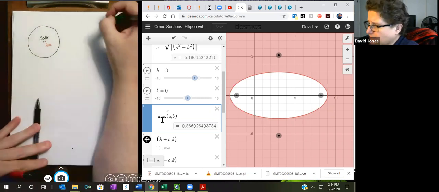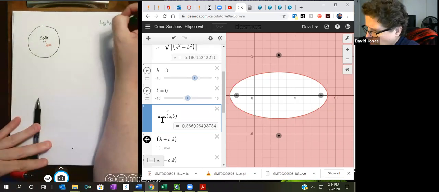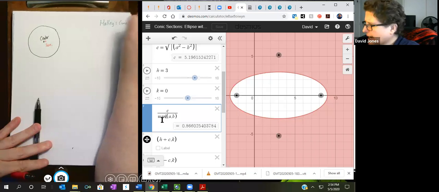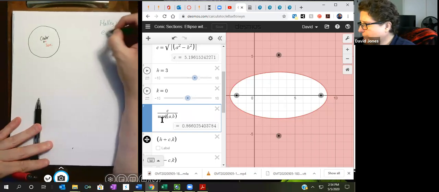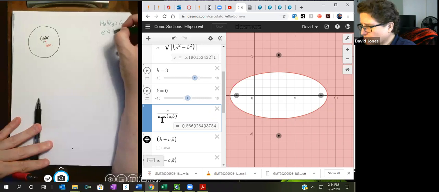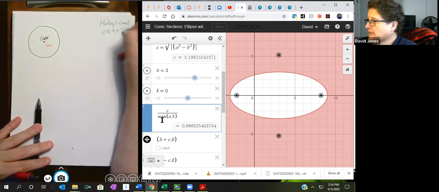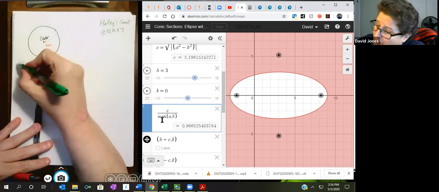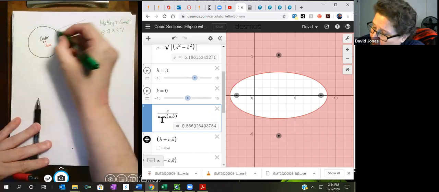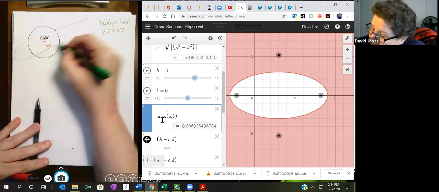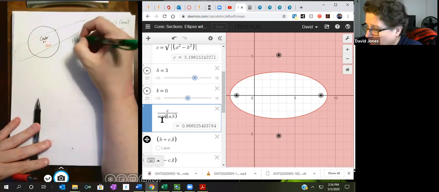Halley's Comet has an eccentricity of about 0.97. It's doing some stuff like that. That's like Halley's Comet.